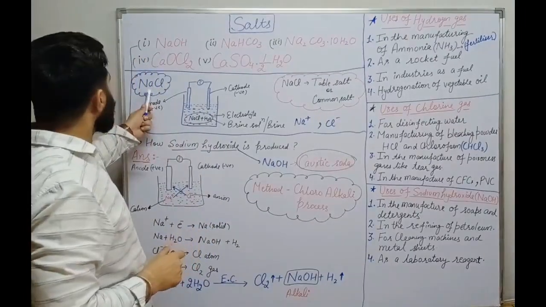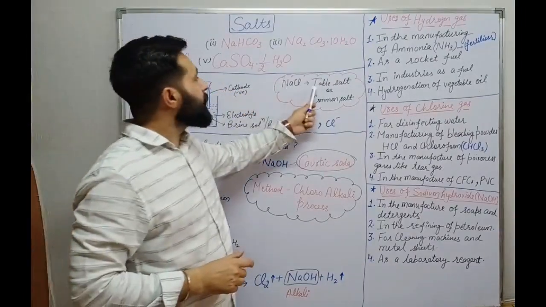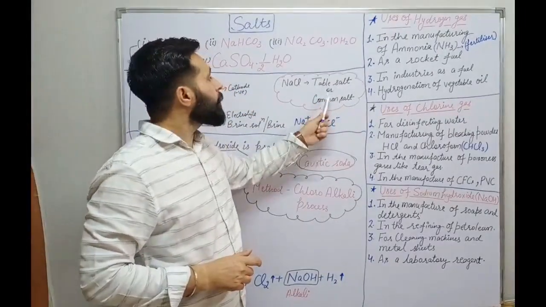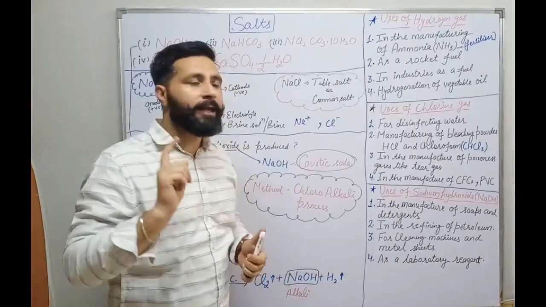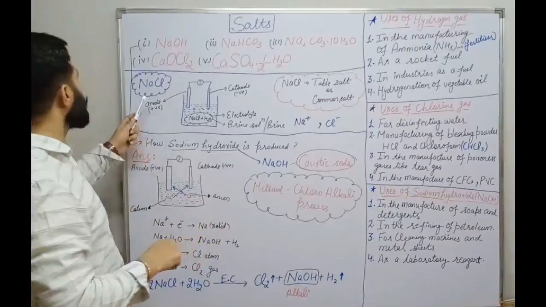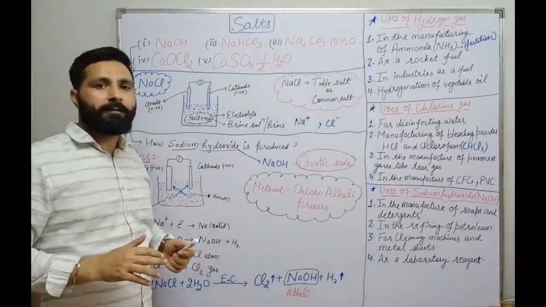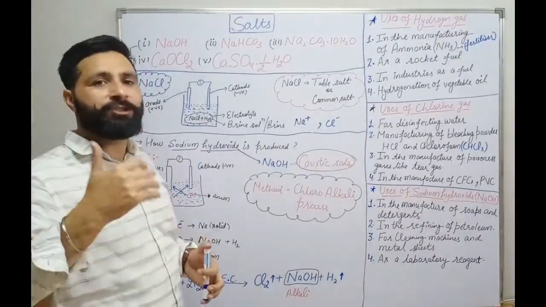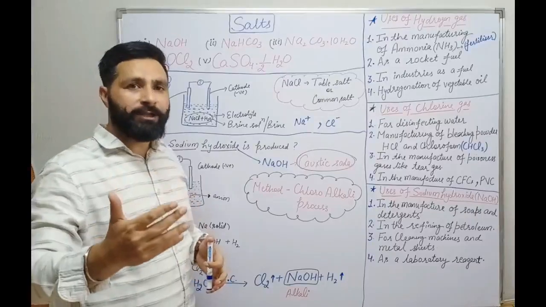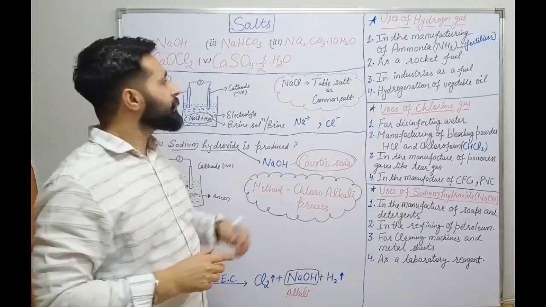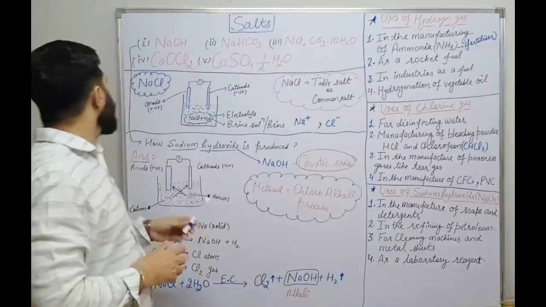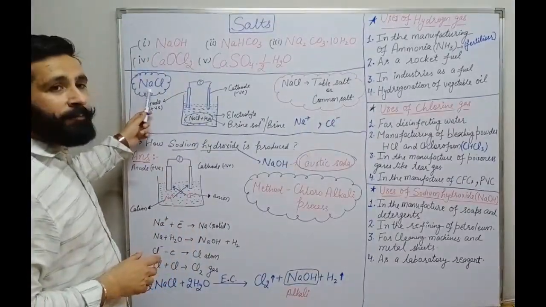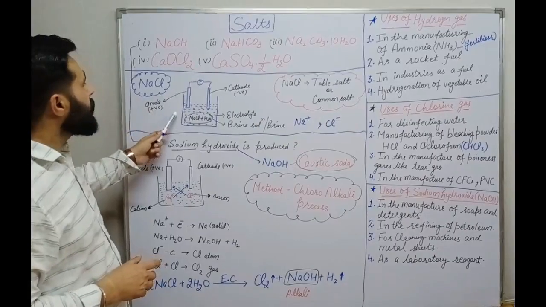So the general name of sodium chloride is table salt or common salt. General name, but the chemical name is sodium chloride. You must know the difference between general name and commercial or chemical name. General names are table salt or common salt, and the chemical name is sodium chloride.